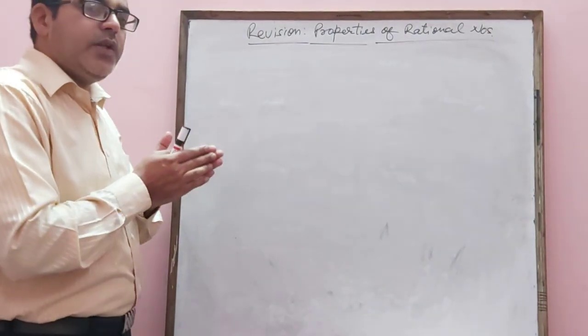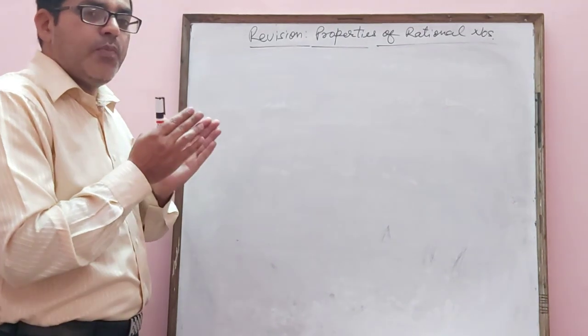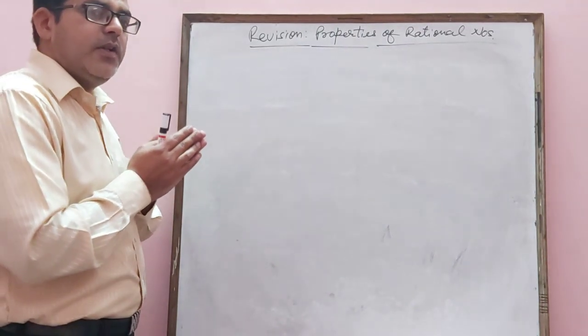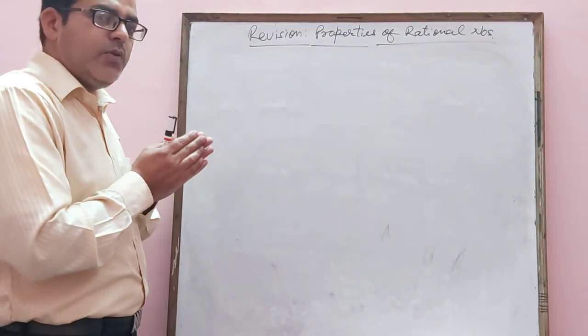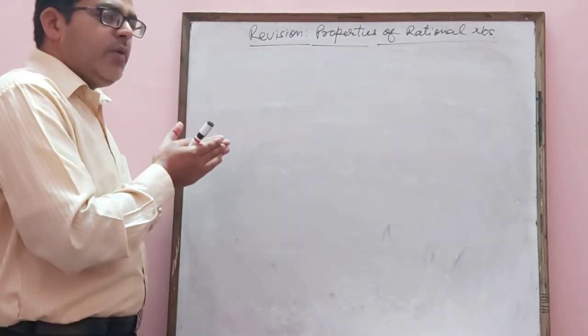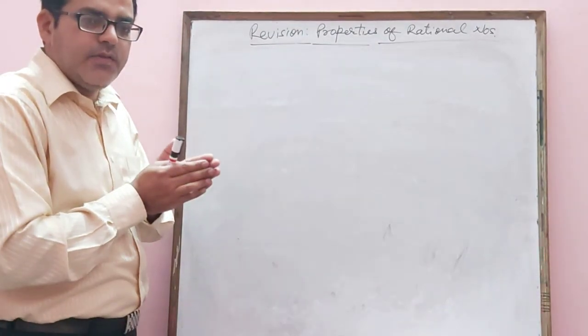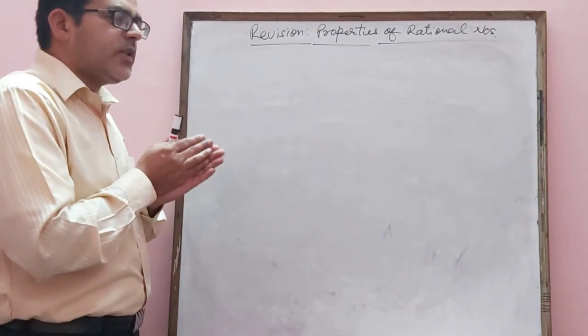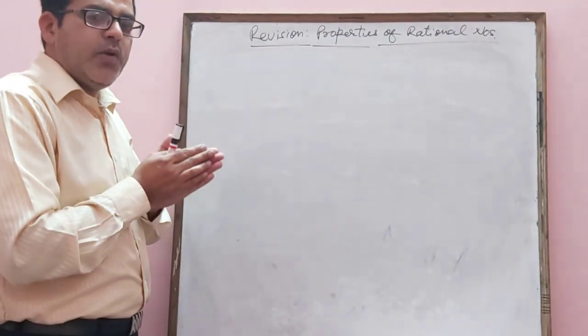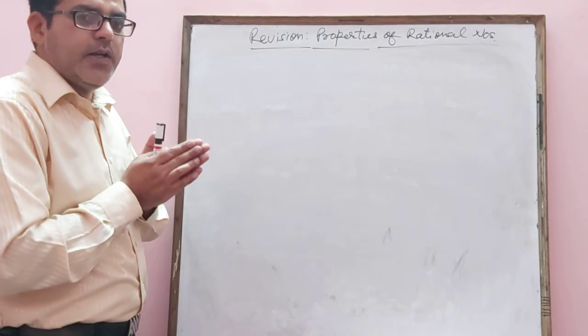And next we discussed the property of zero. Zero is a very important number in mathematics. Zero is a special rational number also. In that property we learned that if we add zero to any number, the result isn't affected, right? And we also discussed what is additive inverse and what is additive identity. Zero is the additive identity, of course.